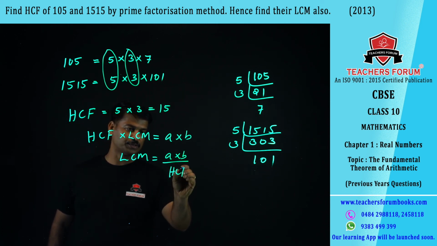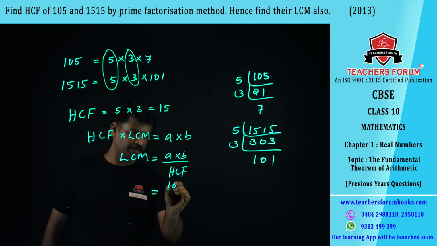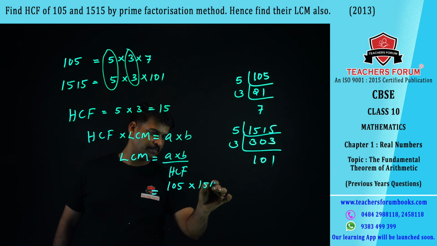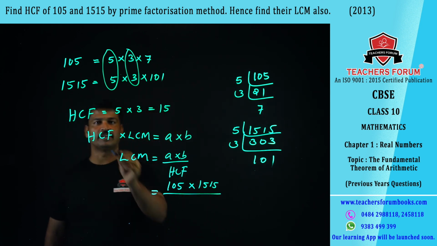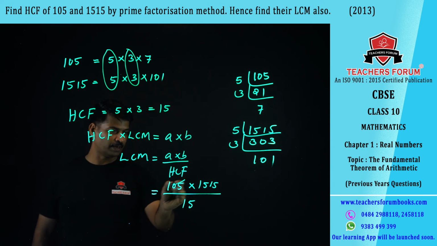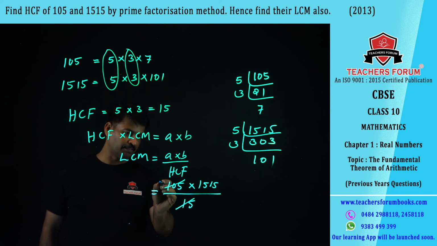Let us substitute the values. What is A? A is one of the numbers, that is 105, into B. What is B? 1515 divided by HCF. What is HCF? HCF is 15. So we can divide 105 by 15. It goes 7 times.